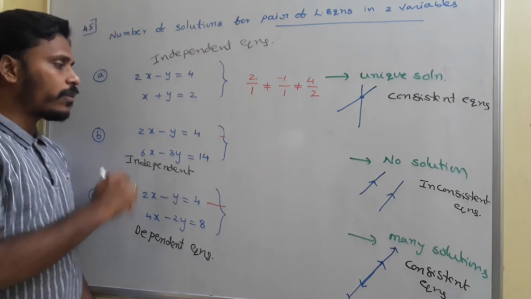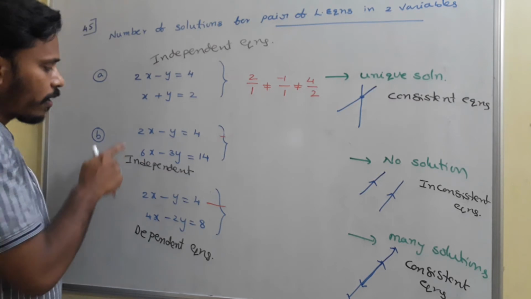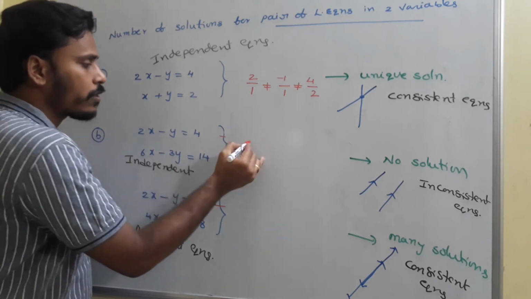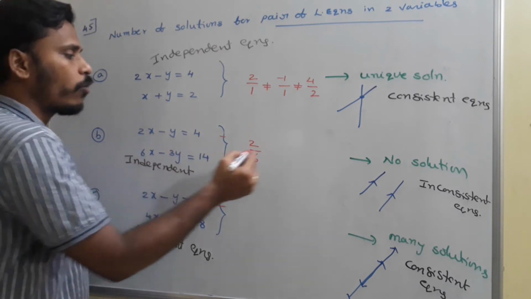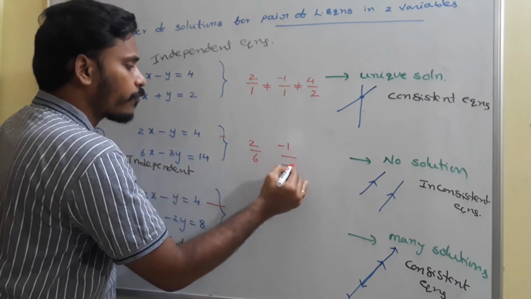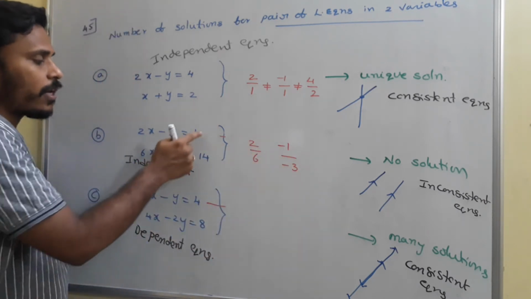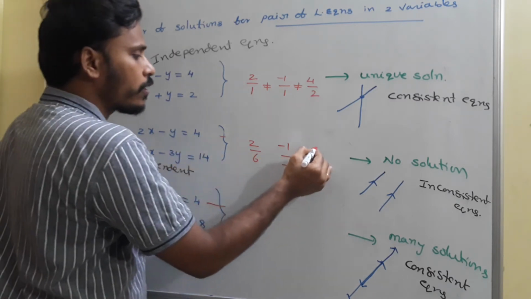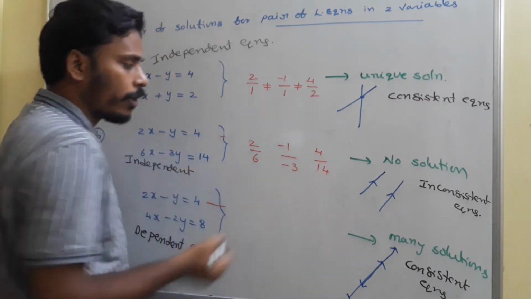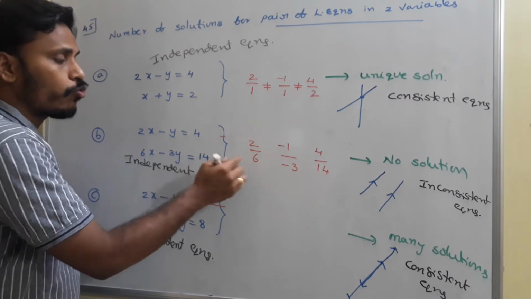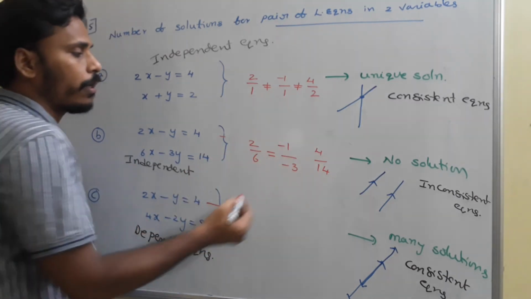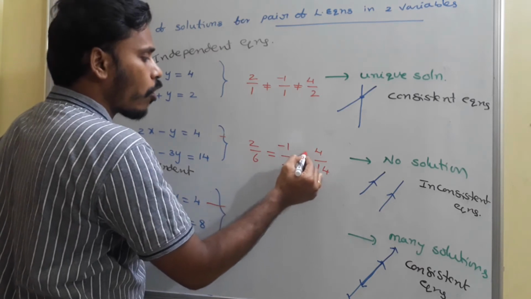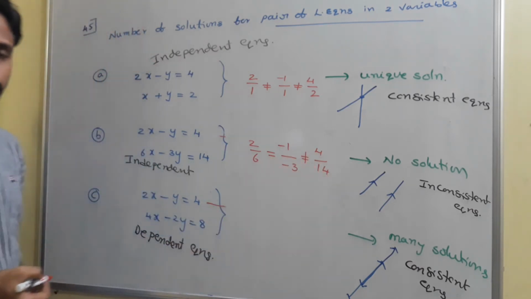Whereas coming to this, you need to observe that the ratio between the x coefficients is 2 by 6, and the ratio between the y coefficients is minus 1 by minus 3, whereas the ratio between the constants is 4 by 14. And if you analyze, this 2 by 6 is 1 by 3, and this minus 1 by minus 3 is also 1 by 3, but these two ratios are not equal to 4 by 14.